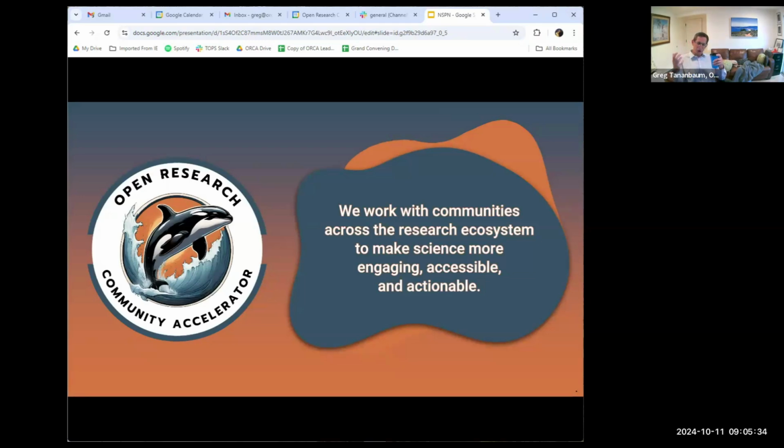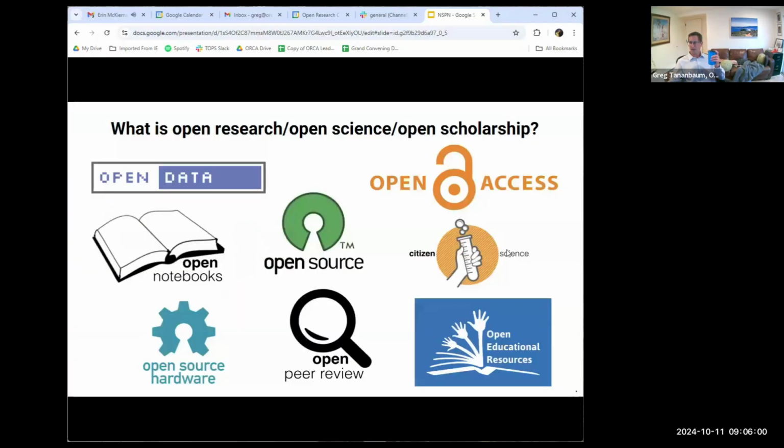And we'll talk about what open science is and why that matters and how it's relevant from a policy perspective. But as you can see on the screen, really what we aspire to is a world in which science is more engaging and more accessible and more actionable for policymakers, for communities, for patients, for practitioners, et cetera, and so forth. And so we'll explain, like I said, how we think this is relevant to your work, and then have lots of time for conversation as we go along.